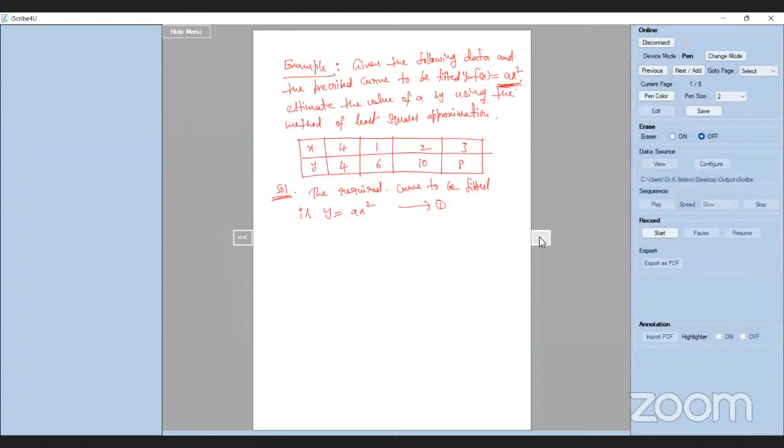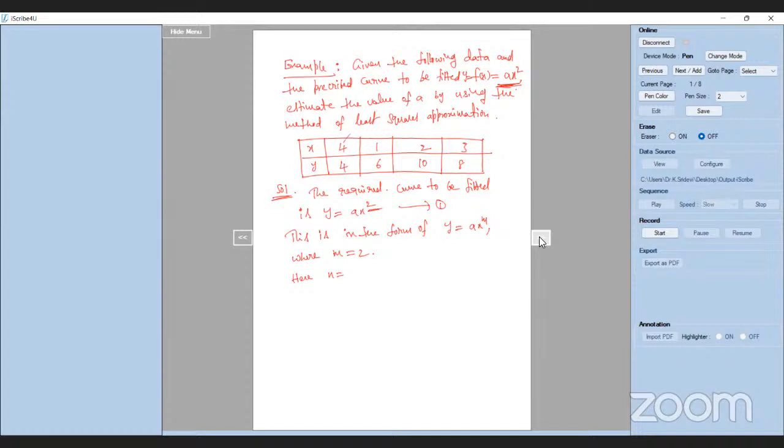From the problem, we can say that this is in the form of y is equal to a into x to the power m, where m is equal to 2. We know that n value.